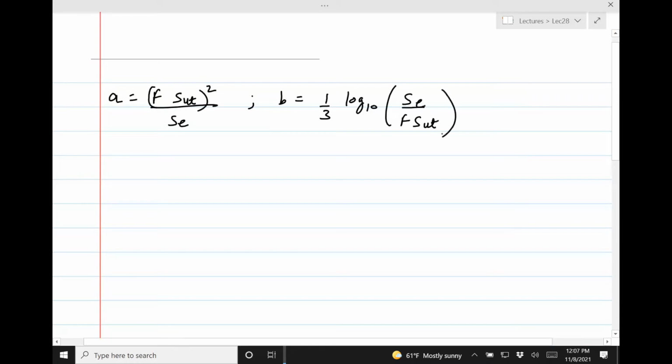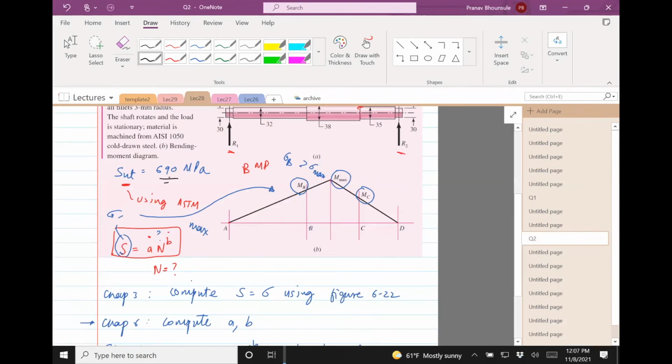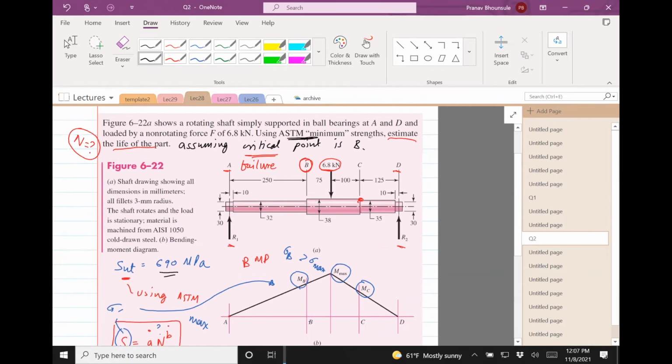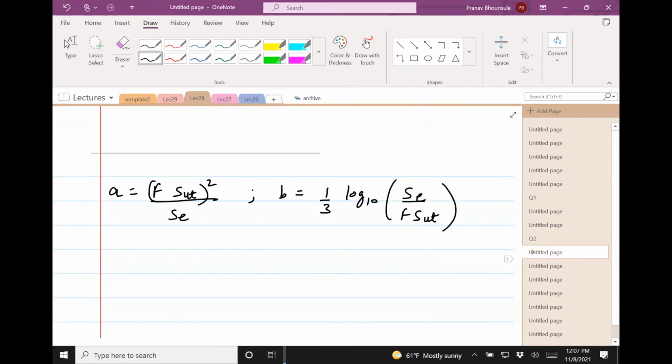Okay, I think SUT is given. Let's go back. SUT is 690, and actually that comes from this ASTM minimum strength table. This is an appendix in the book, but I just put the value here, 690 MPa. So we know that.